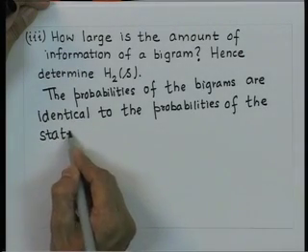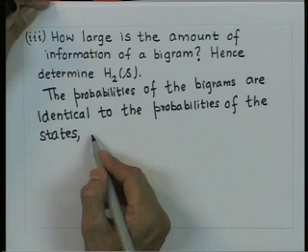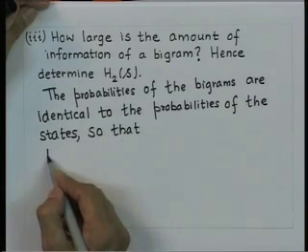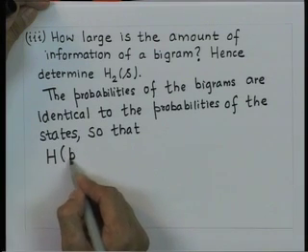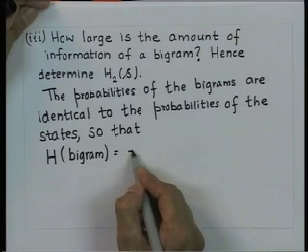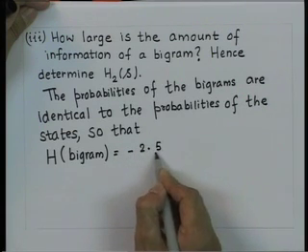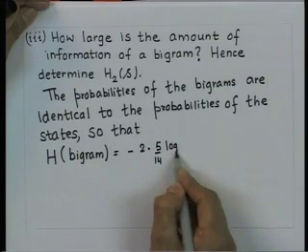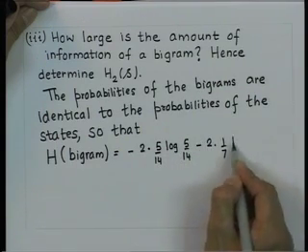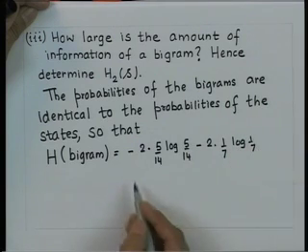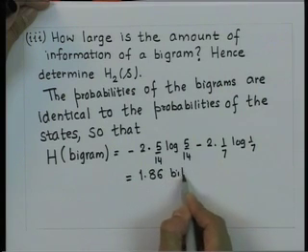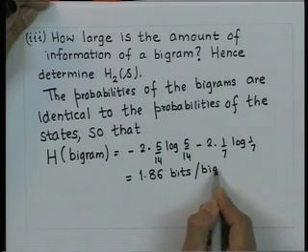And since we have calculated the probability of the states earlier, the information from the bigram would be minus twice 5 by 14 log of 5 by 14 minus twice 1 by 7 log of 1 by 7, and this turns out to be 1.86 bits per bigram.